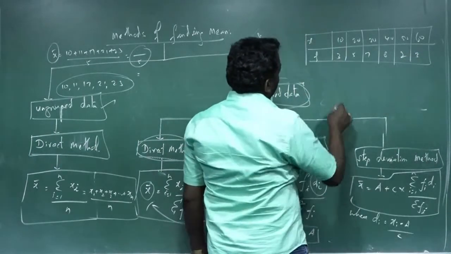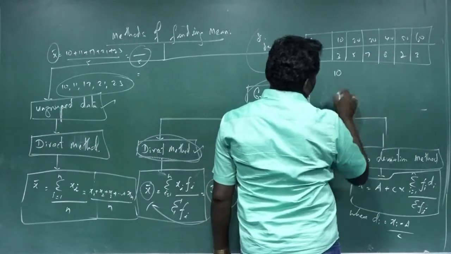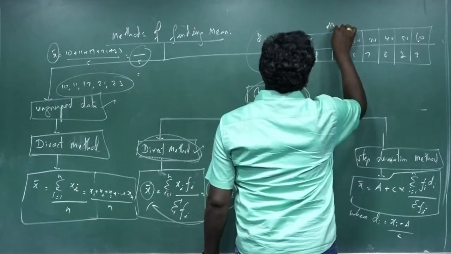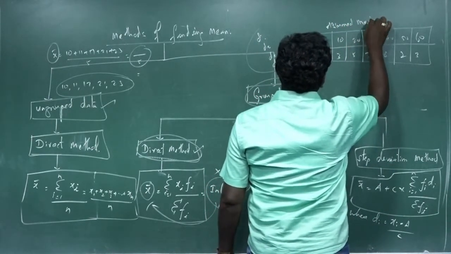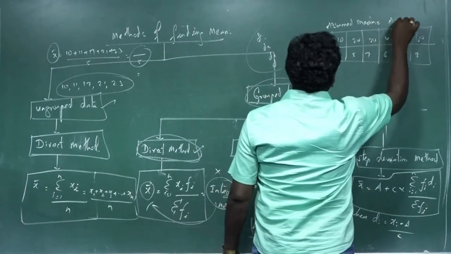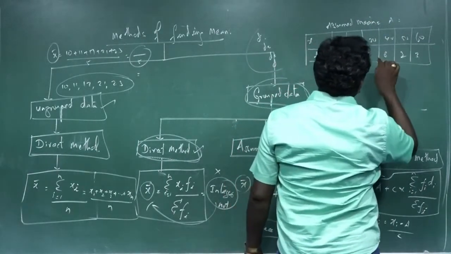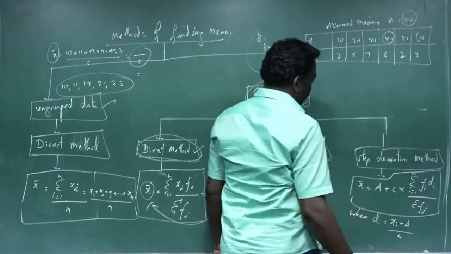Here we want to find the mean by the step deviation method. First of all, we find the assumed mean, a. From these x values, take the middlemost value. Totally 6 values are given, so take any one of the center values as the assumed mean, equal to 40.